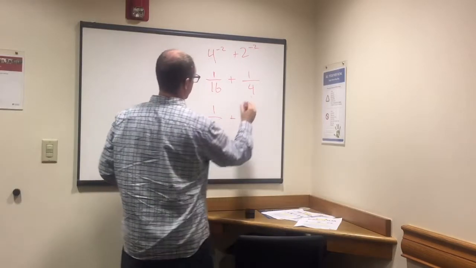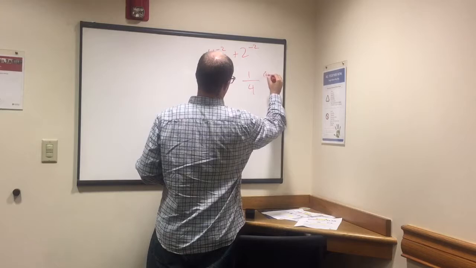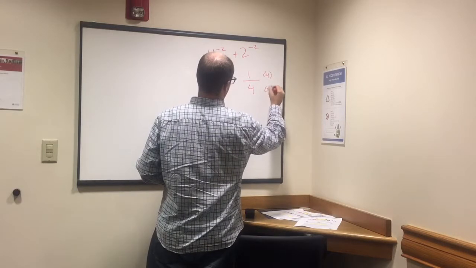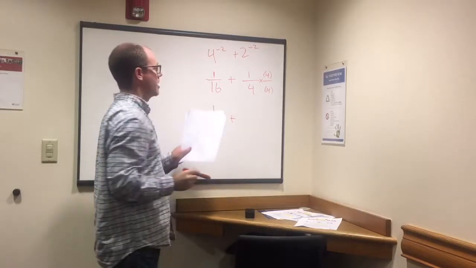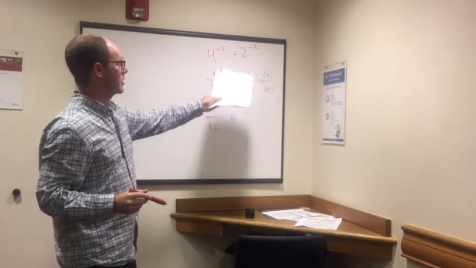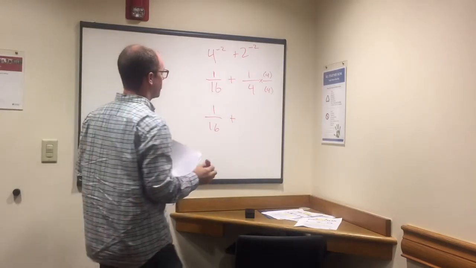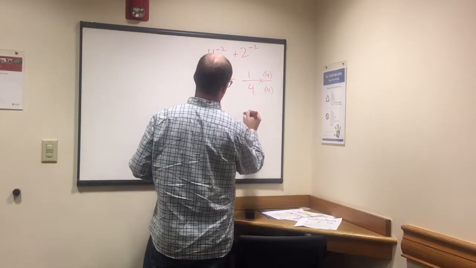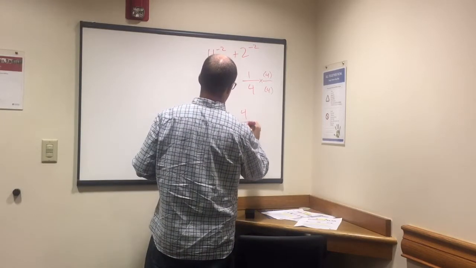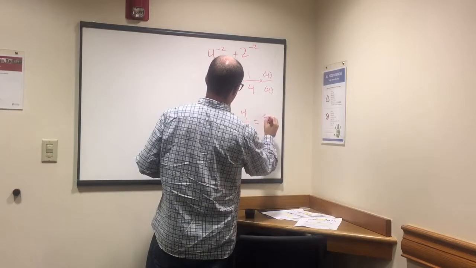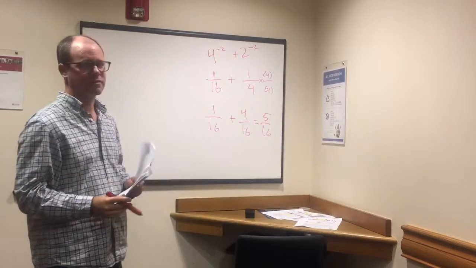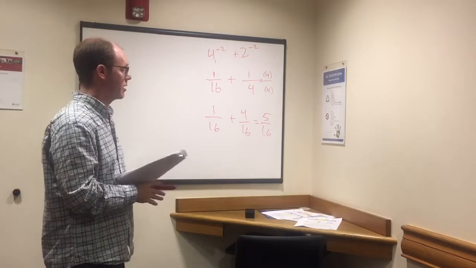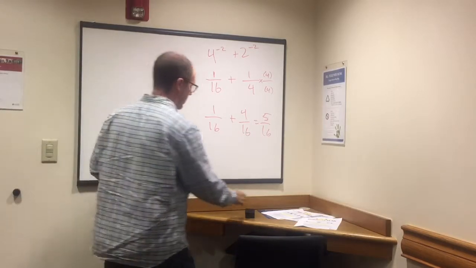With 1/4, we multiply the top and the bottom by 4 over 4, and then we get 4 over 16. 1 over 4 equals 4 over 16. When we add those together, we get 5/16, and that will be our final answer for that one. So we have to know how to do that.